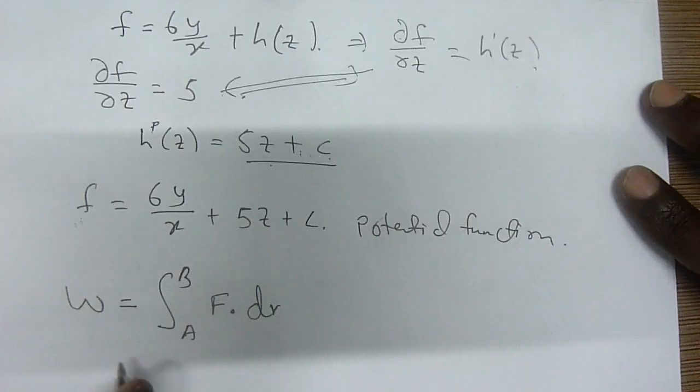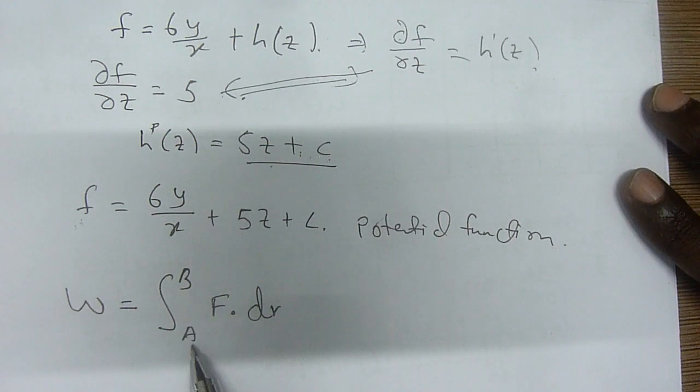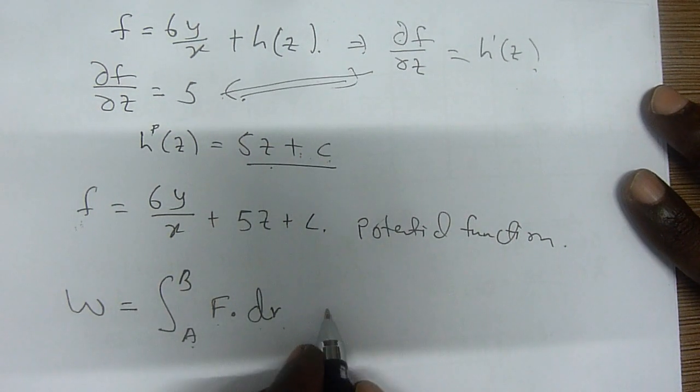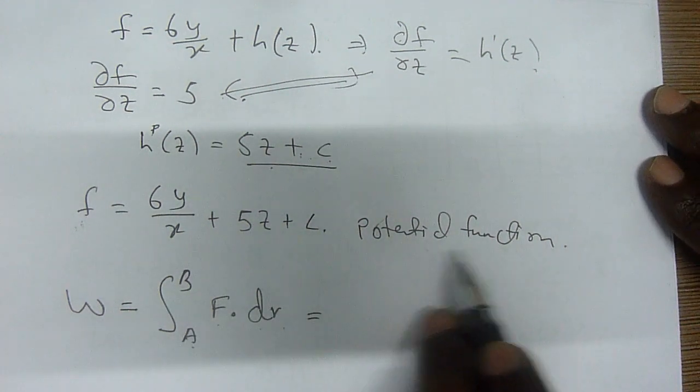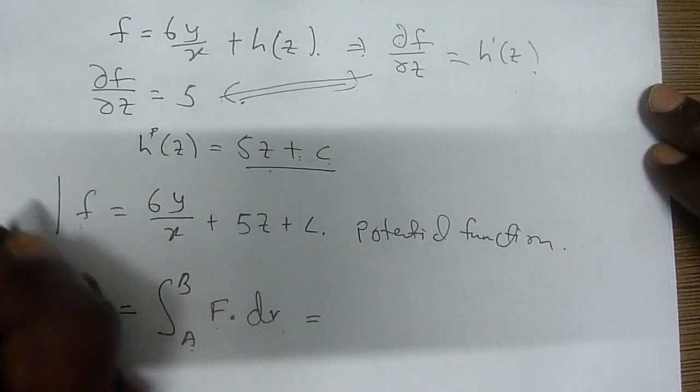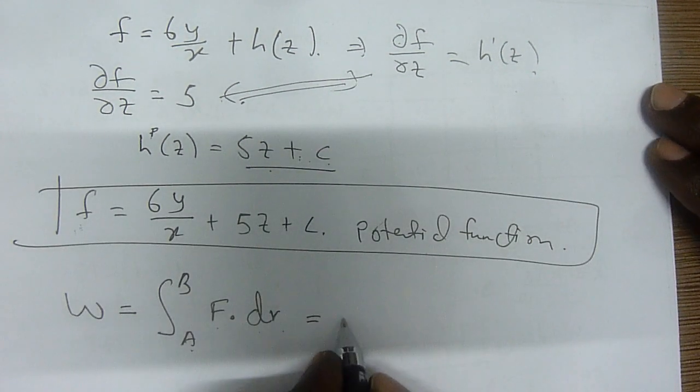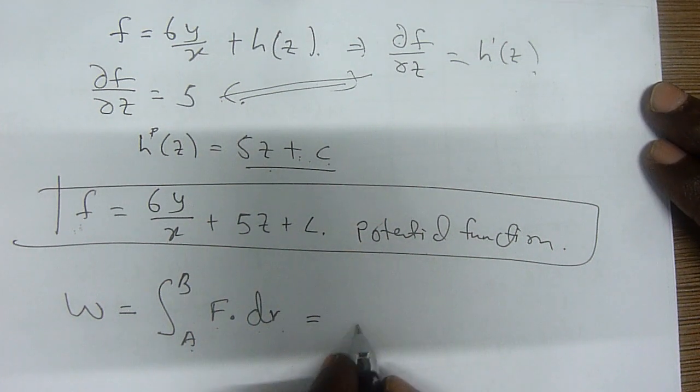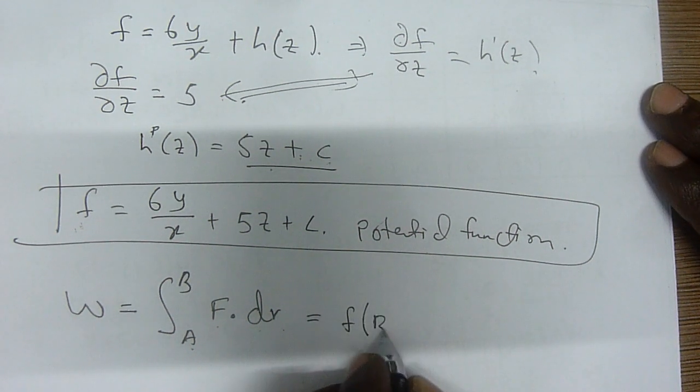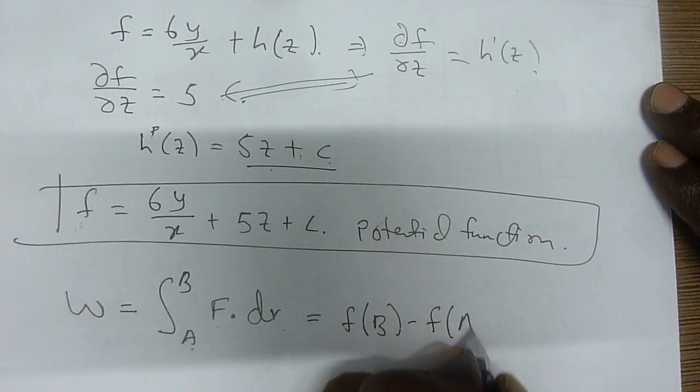One of them is, if we know the integral from a to b of F dot dr, and there is a potential function f that exists in this case, then we can quickly solve the problem.